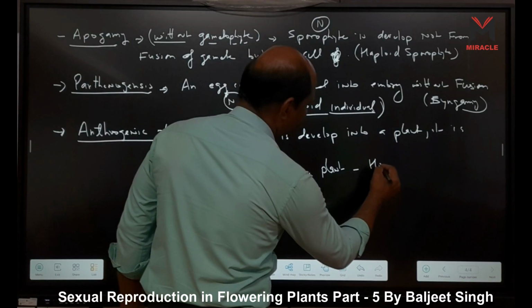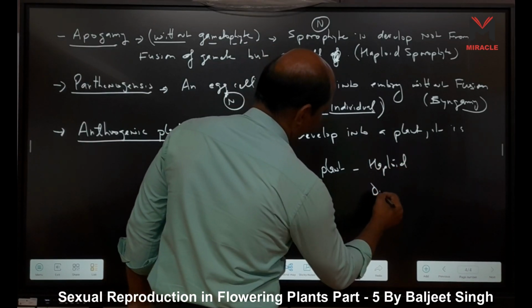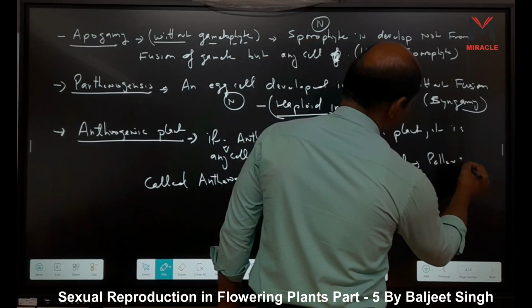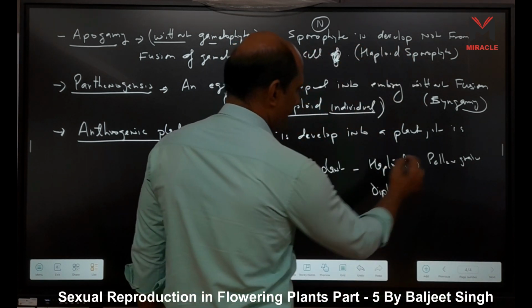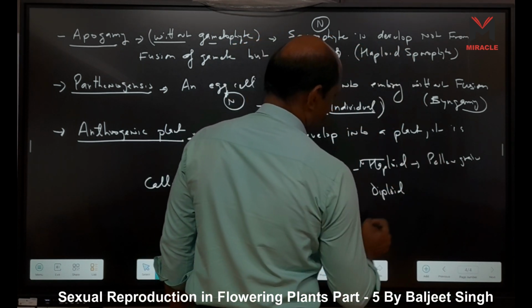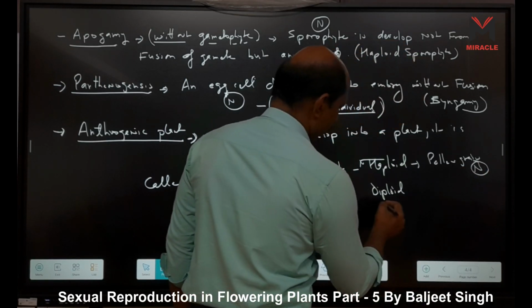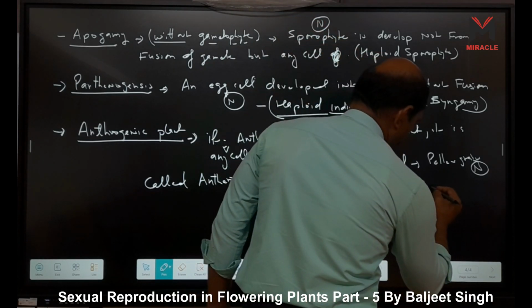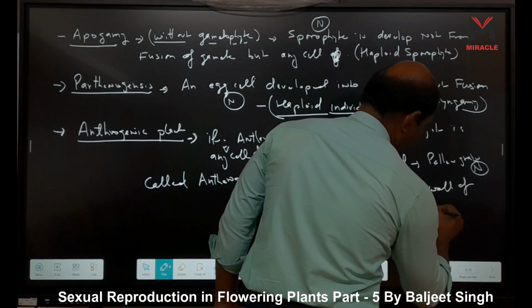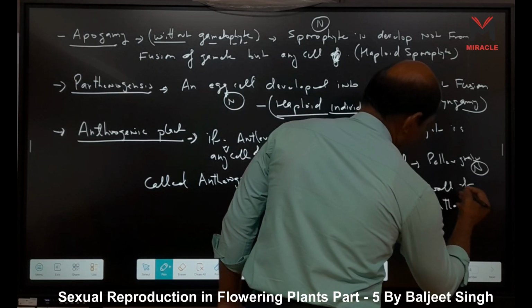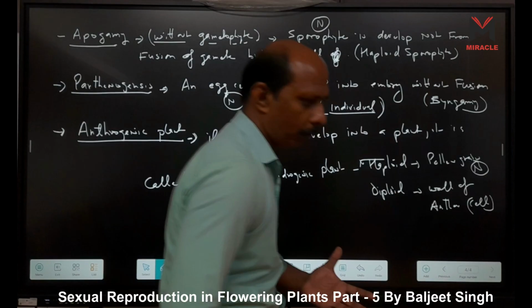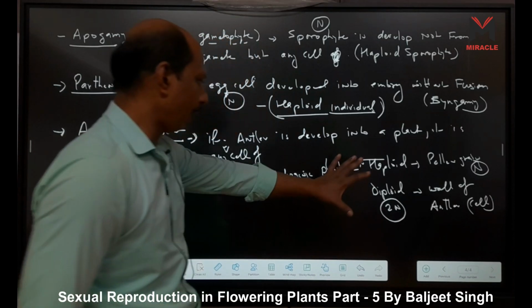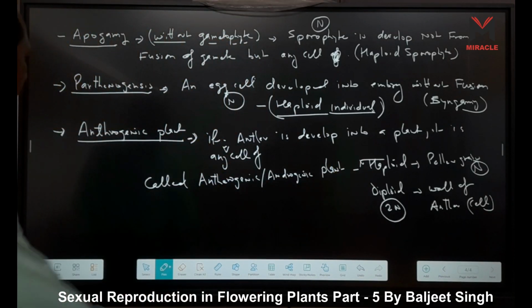It may be haploid or diploid. If it is developed from a pollen grain, it is haploid, N. If it is developed from other cells of the anther wall, either the tapetum or the endothecium, it becomes diploid. Two types of plants are obtained from anther, and this is called androgenic plant.